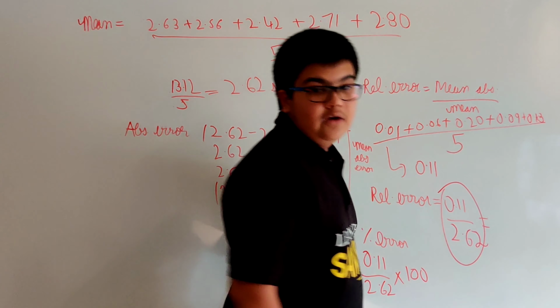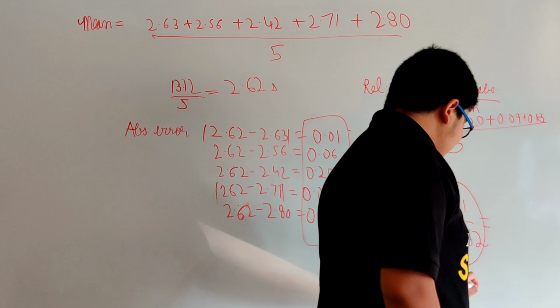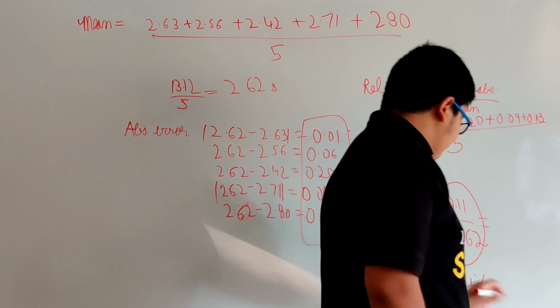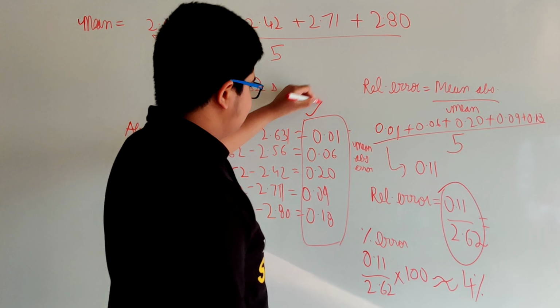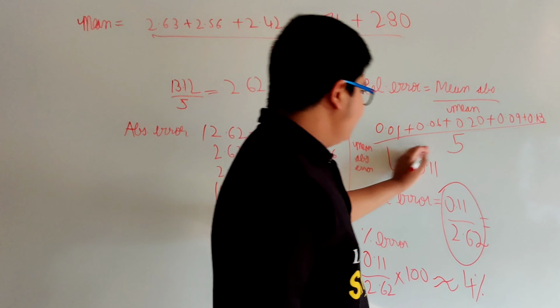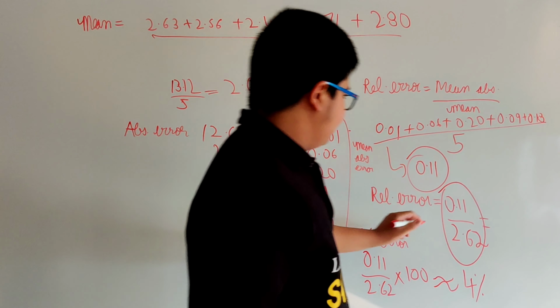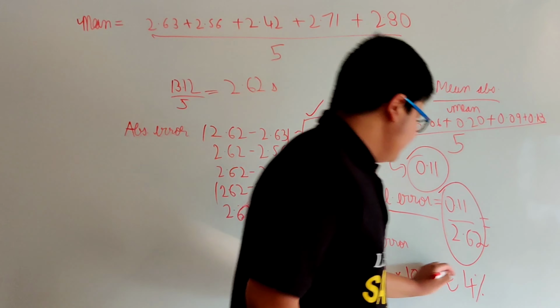Now on solving this, we will get roughly 4.1%, so we can write it as 4%. So therefore we have got all the three values. These are our absolute errors, this is our mean absolute error, this is our relative error and this is our percentage error.